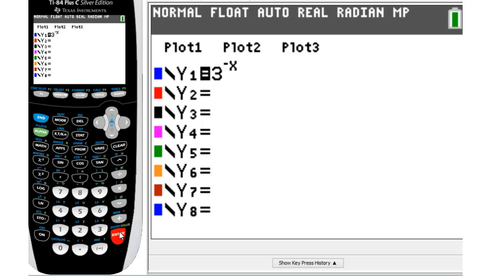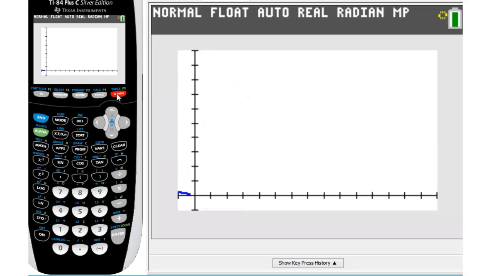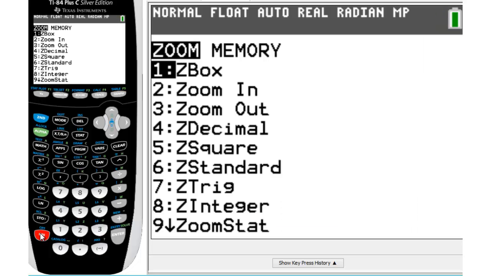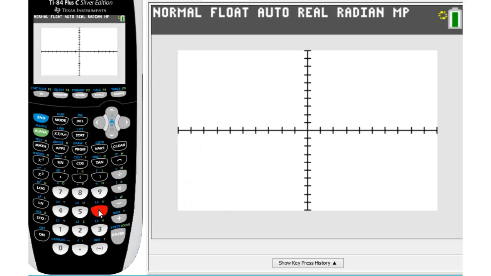And what's the other one? Negative 3 over x. I'm zooming standard. Okay, there we go.